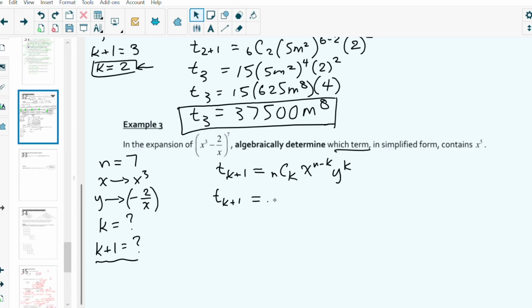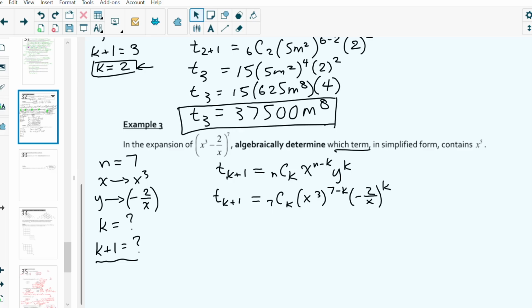Okay. N is 7. C, and then k is unknown, so I'll leave it as is. X is x cubed. N minus k, well, that's 7 minus k. And then y is negative 2 over x. And then the k value is just k. We don't know what that is yet.